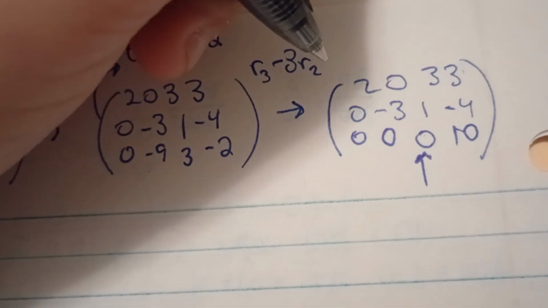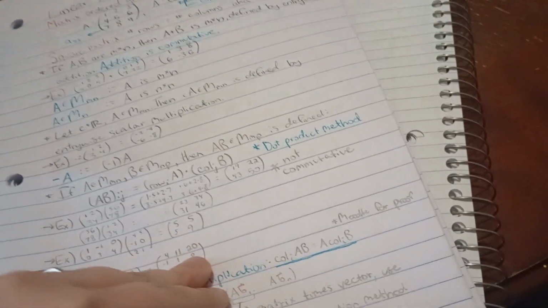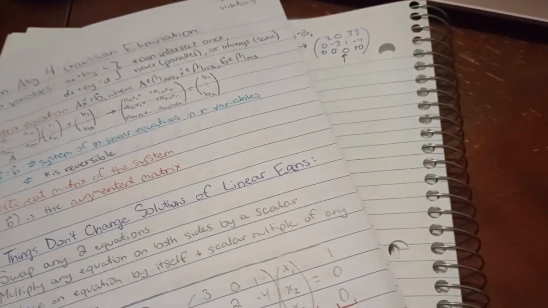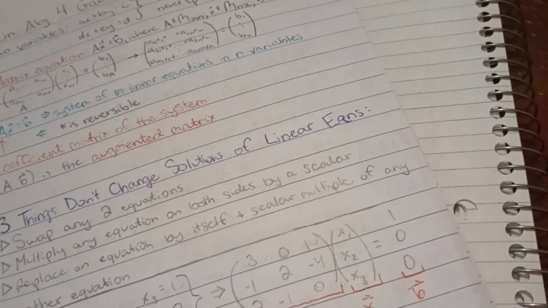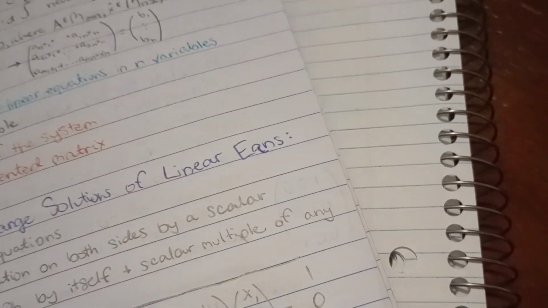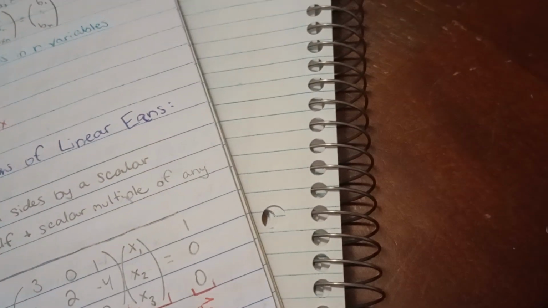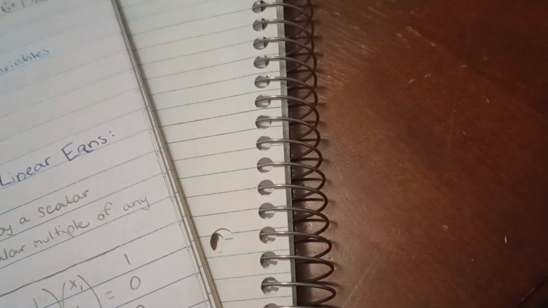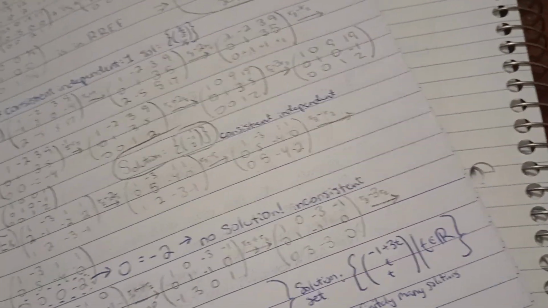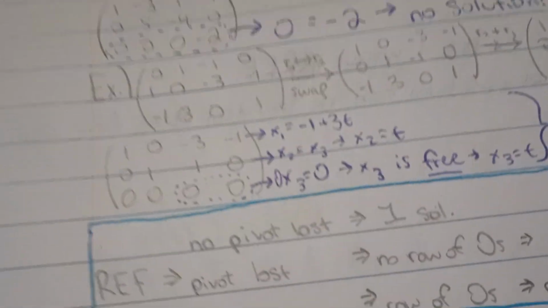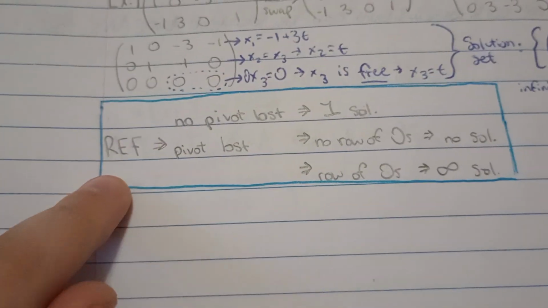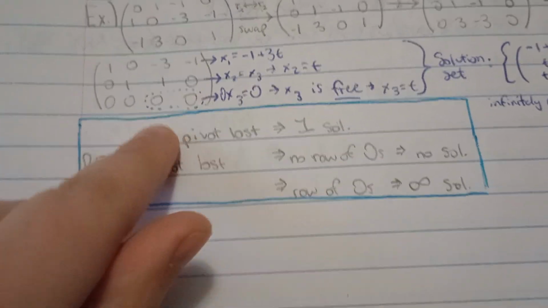But what that means, we look at our notes, and we made a little flow chart in class. Okay, so we do the row echelon form, and no pivot lost.